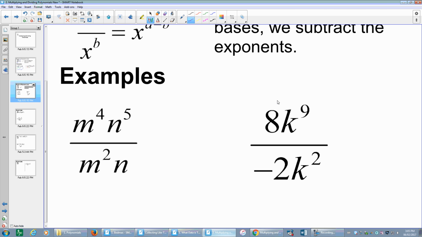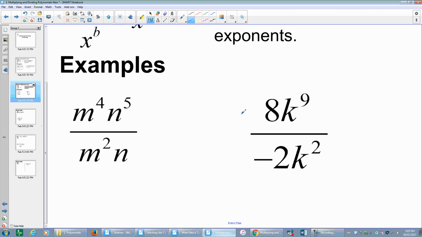I'm going to go through two examples here. I have m to the exponent 4 divided by m to the exponent 2, so I know I'm going to have an m. What do I do? I do 4 subtract 2. Again, I'm writing out this in-between step, and I'm hoping that you don't have to write it.